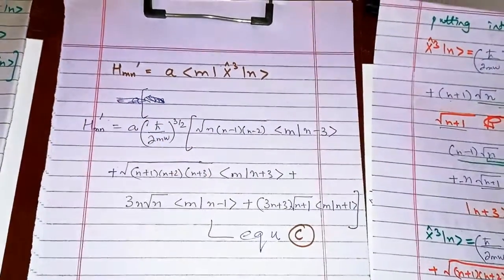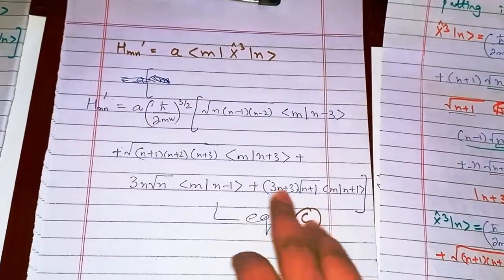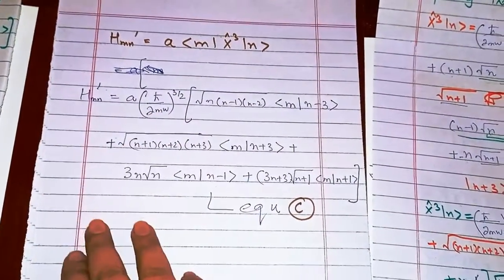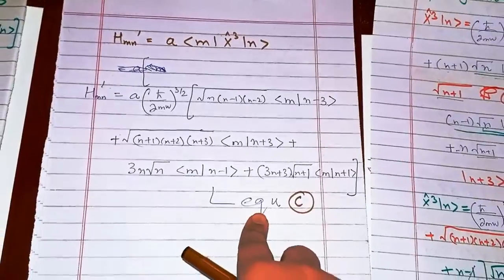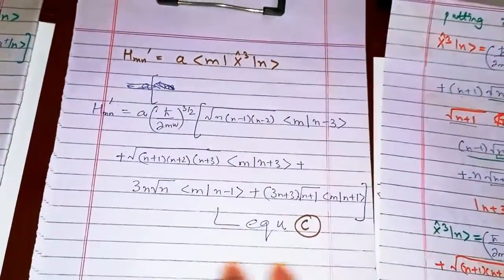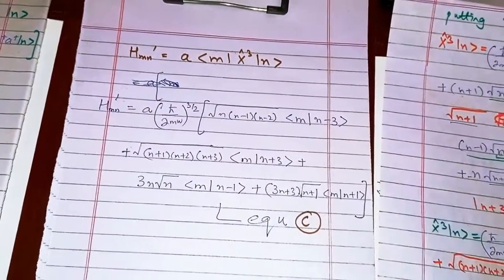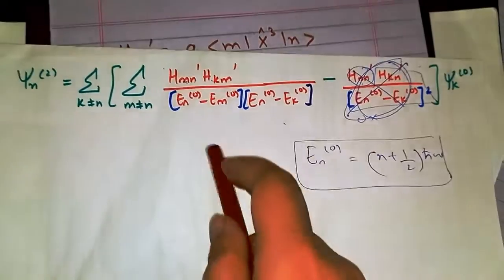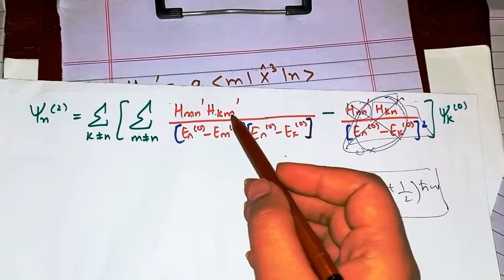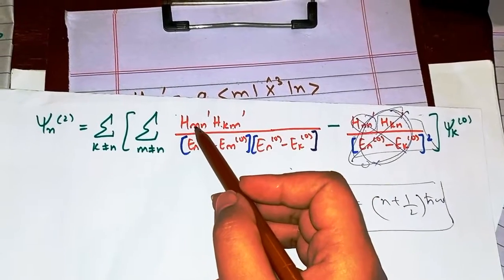Now we need to calculate another Hamiltonian that we were talking about, and we just need to replace some quantum numbers only, and we can use this expression to calculate the other one as well. We don't need to do that lengthy calculation all over again, because there is only a difference in quantum numbers between these two Hamiltonians. You can see here the only difference is that we have k and m here, while we had m and n here.